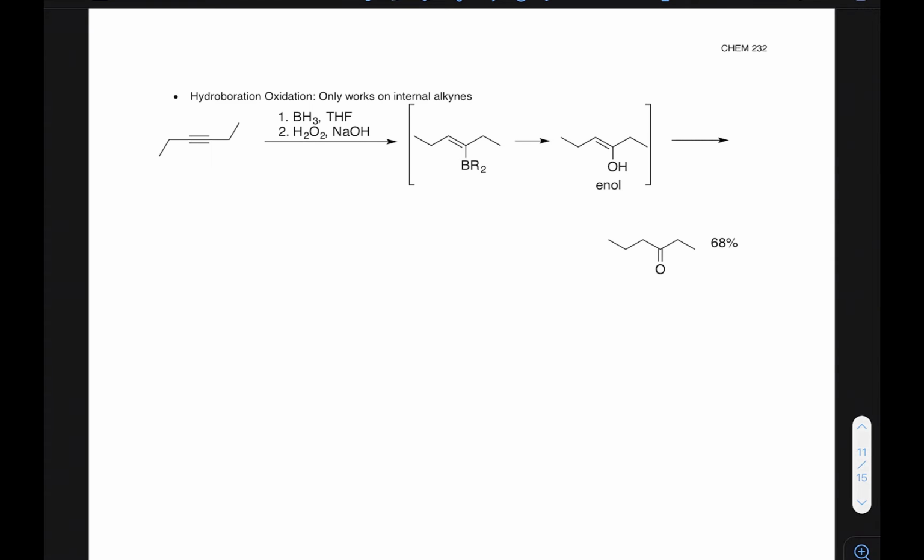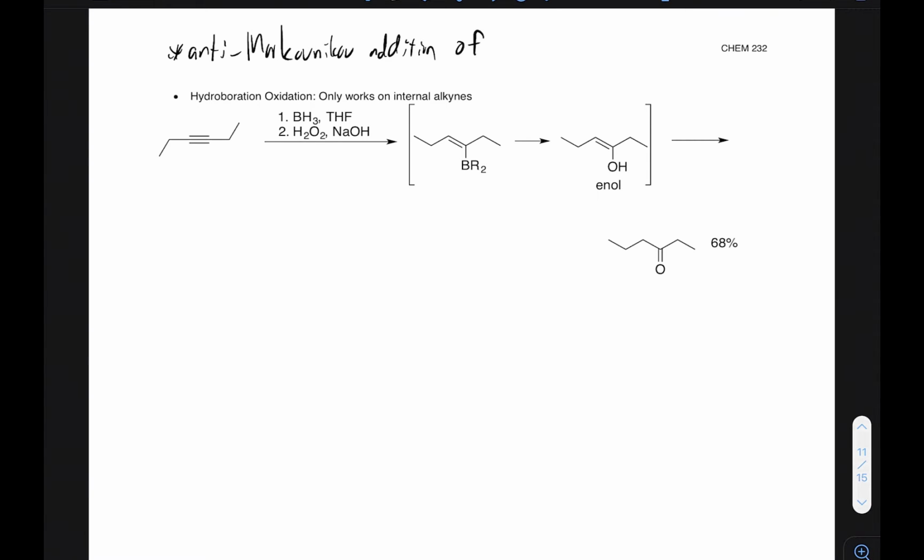So for this last video in Chapter 9, we're going to look at a couple more addition reactions of alkynes. This one is very similar to what we saw in Chapter 8 with hydroboration oxidation, an anti-Markovnikov addition of OH.